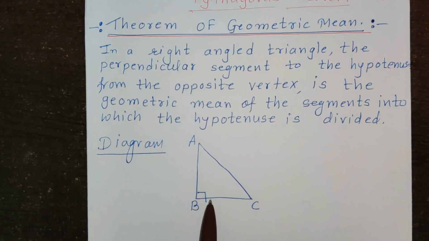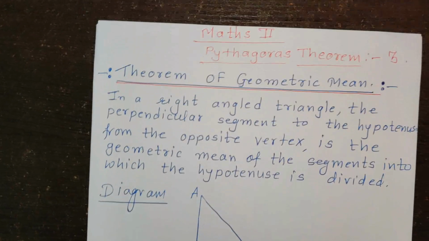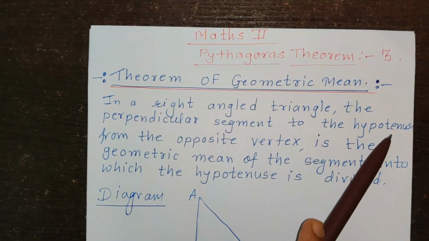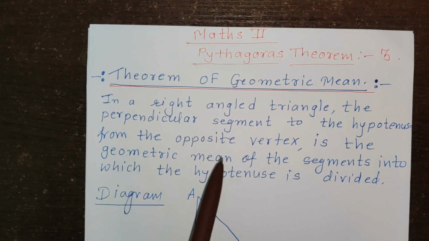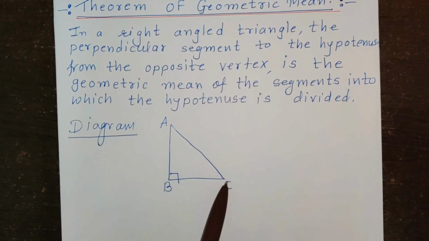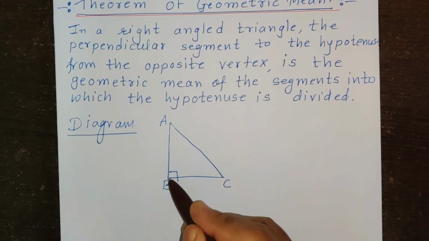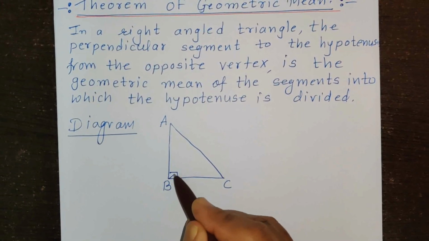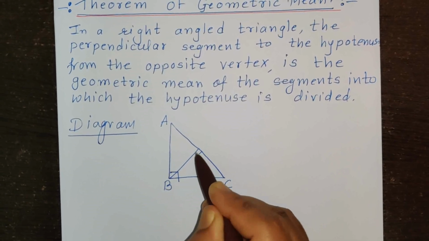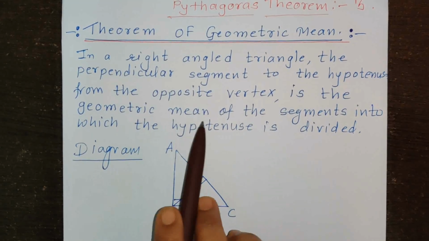So this ABC is a right angle triangle, and it is said in the statement, the perpendicular segment to the hypotenuse from the opposite vertex. So the hypotenuse is AC, the opposite vertex is B, and the perpendicular which we draw from the opposite vertex to the hypotenuse is the geometric mean.